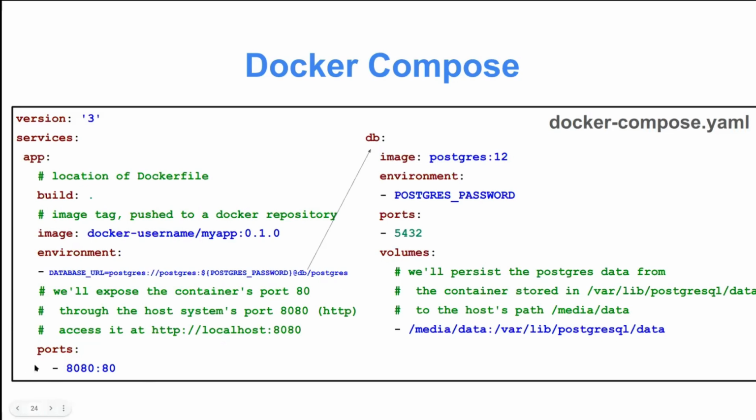Another thing we have is the ports. So remember that 80 is HTTP. So now what this is saying is I want my host system 8080 to be routed to, if you will, the port 80 of the container.